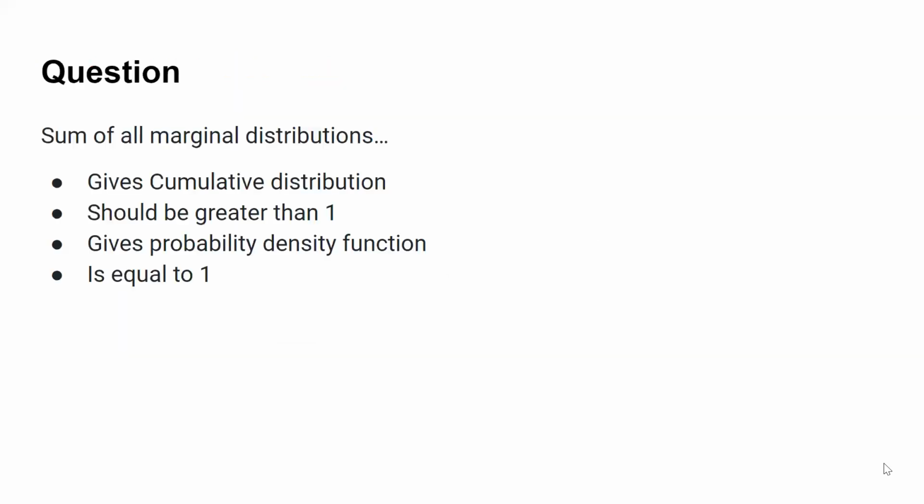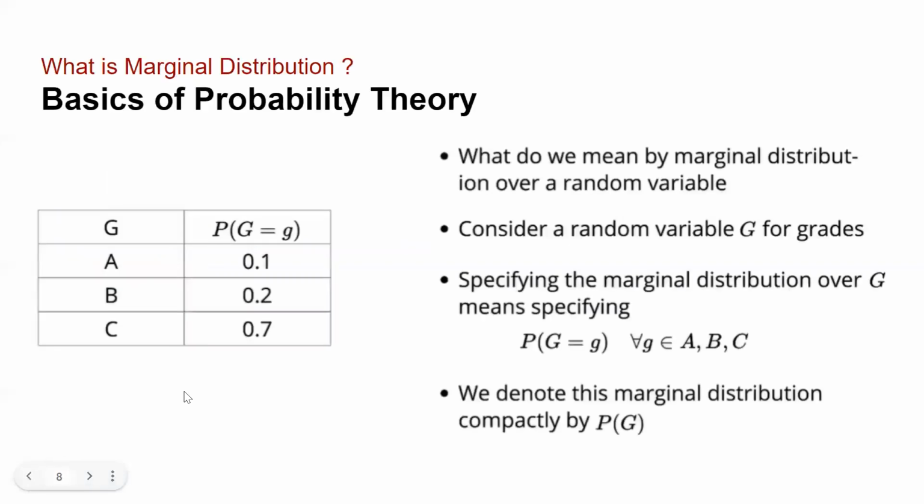Now, can you answer me this question? The sum of all marginal distribution gives the probability density function equal to 1? Yes, it is equal to 1. Why 1? Because the sum of all the possible outcomes is always equal to the sample space.